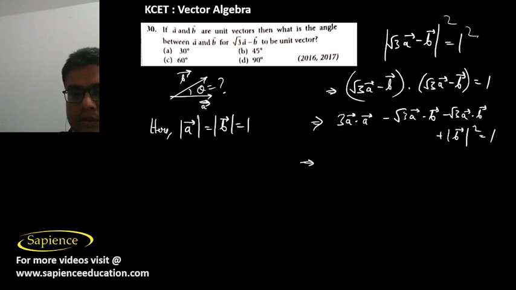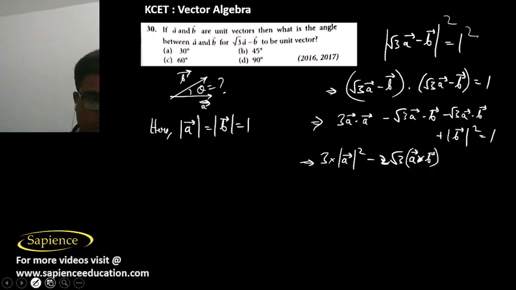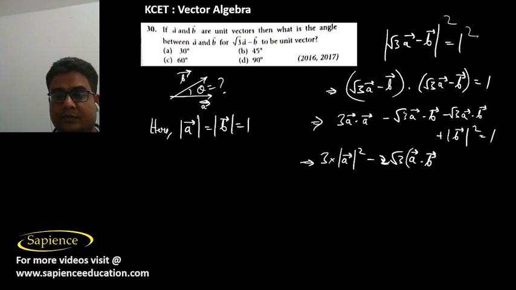So therefore, 3 into mod a square minus 2 root 3 a dot b plus mod b square, that is equal to 1.